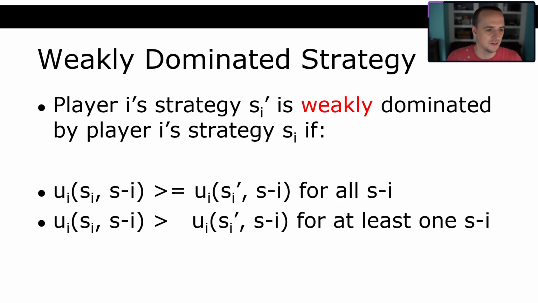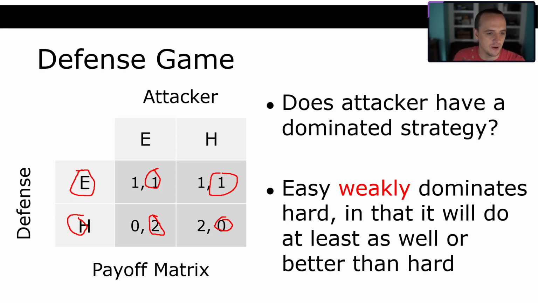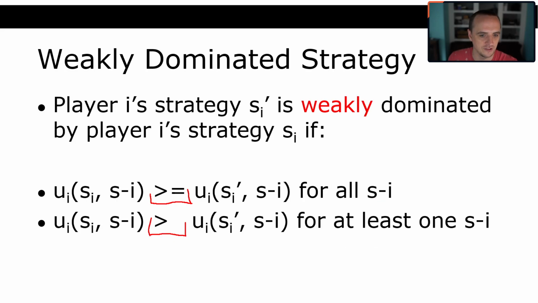And again, the definition of a weakly dominated strategy is that, instead of a strictly dominated strategy, where it always does better, it means that it does at least as well in everything, but it does better in something, okay? So in this example, it did at least as well in everything, but it does better in something. So that's what weakly dominates is.